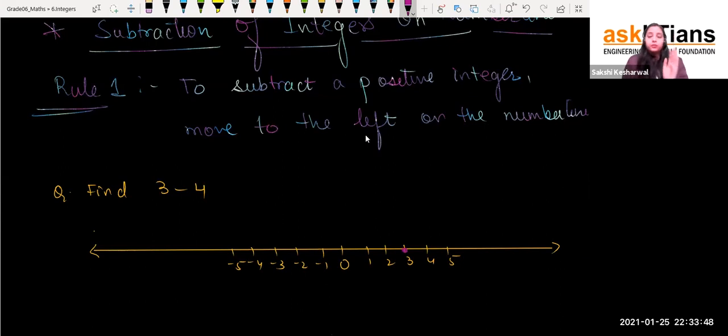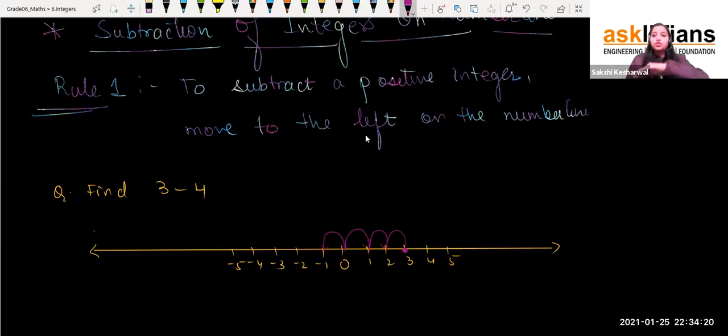Before, in the positive sign, when we were adding positive numbers, we were moving to the right. When we were adding the negative number, we were moving to the left. But this will be the opposite of it. So when you subtract a positive number, you have to move in the left direction. You have to move 1, 2, 3, 4 positions. So this is the answer.